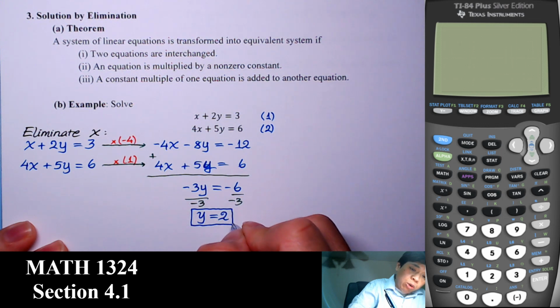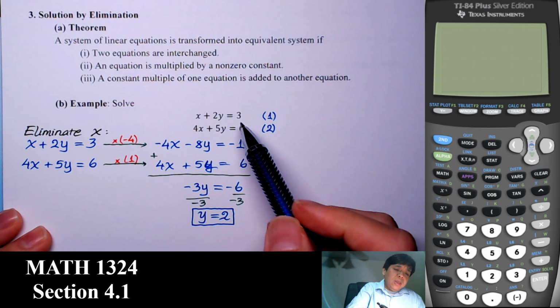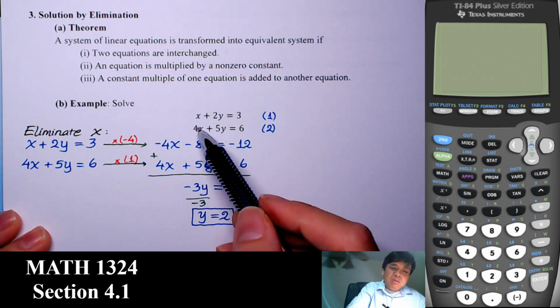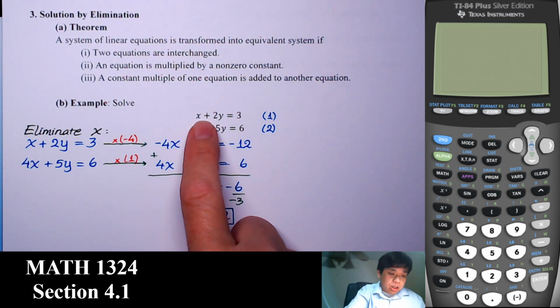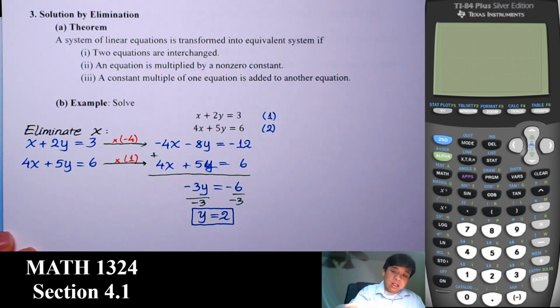Once we know y equal to 2, we can substitute into either one of these and solve for x. Again, if we put 2 into the second, of course we can solve for x, but that is more difficult. So we prefer to go with the simpler coefficient. So we're going to solve for x in the first equation.